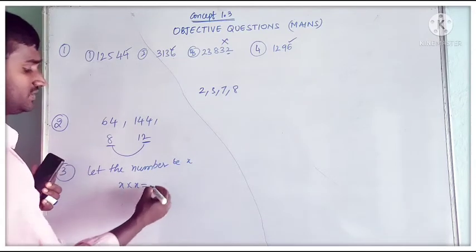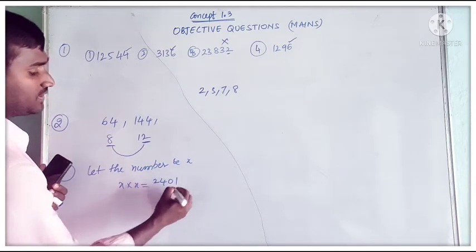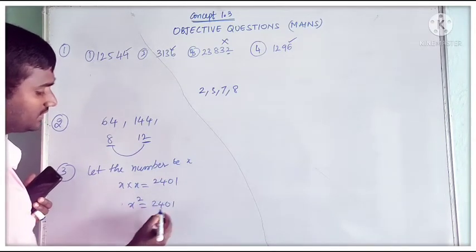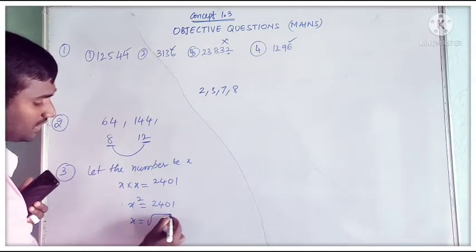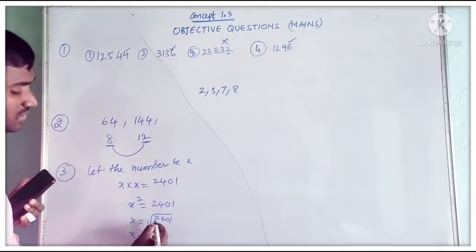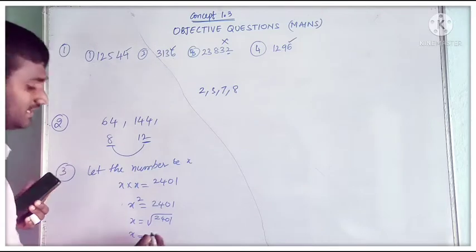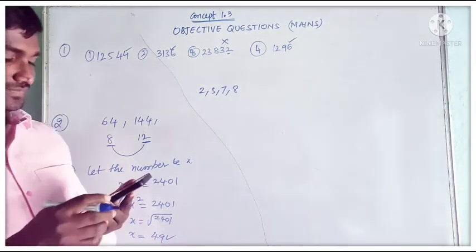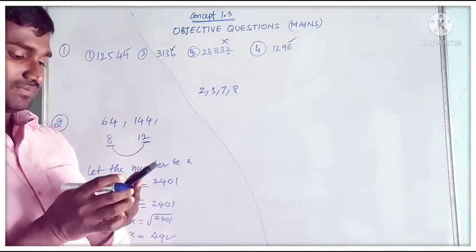So x into x equal to 2401. So x square equal to 2401. Then x equal to square root of 2401, which is 49. Option 3 is the correct option.